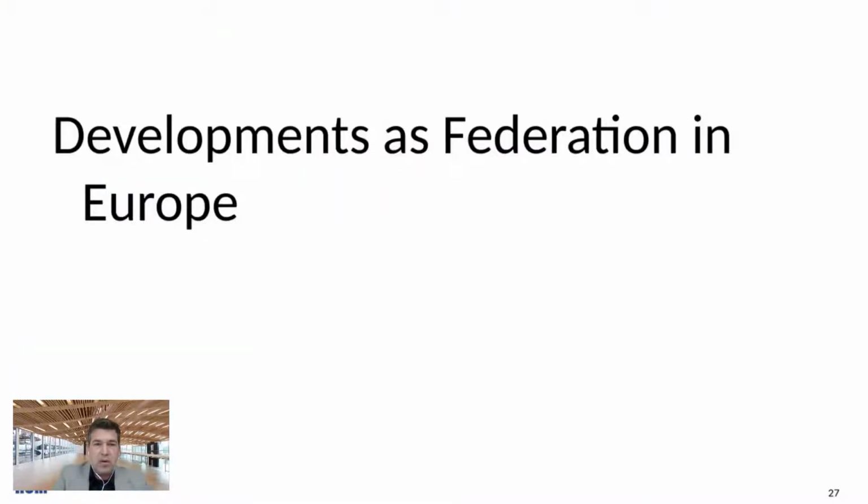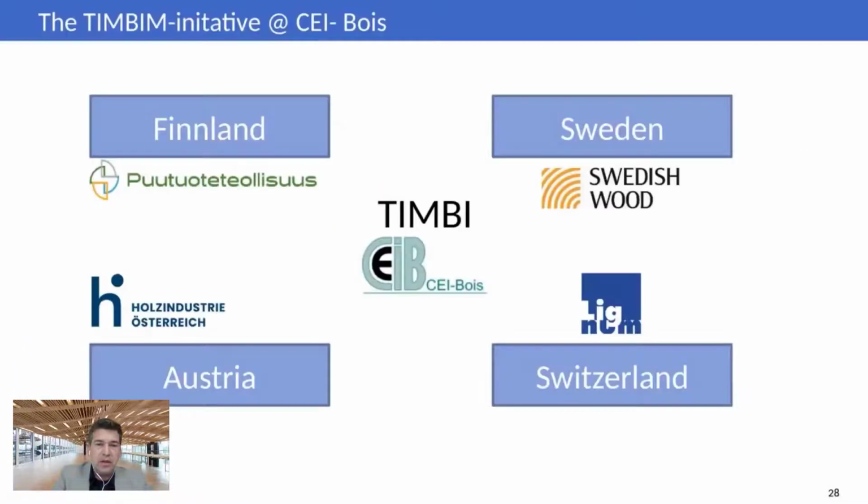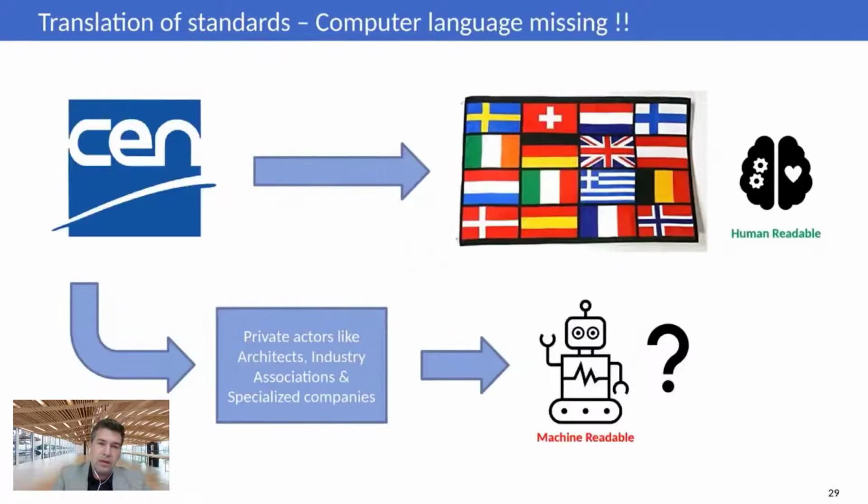So what we did now on European level: Lignum, as an umbrella federation of the Swiss wood industry, we decided together with other countries to start to collect properties from construction product standards, because standards are only translated in human readable languages, but not in machine readable language.